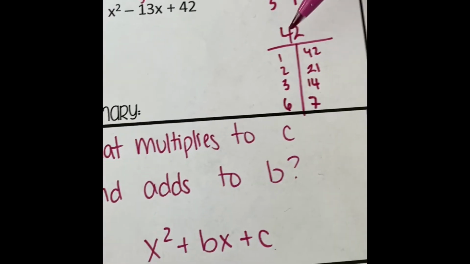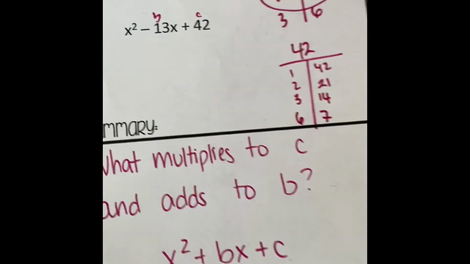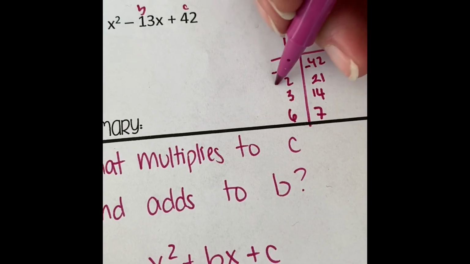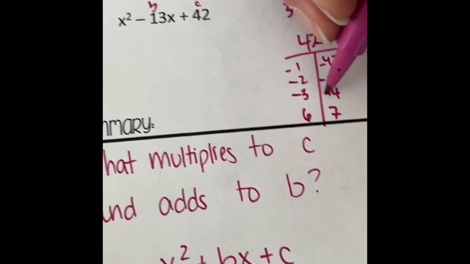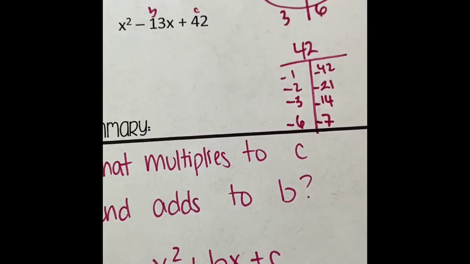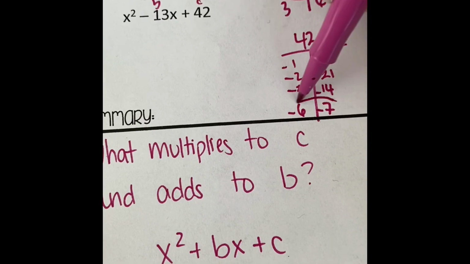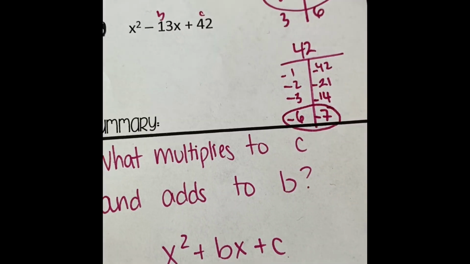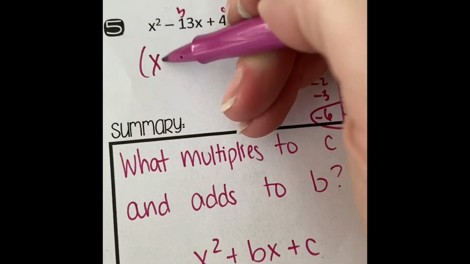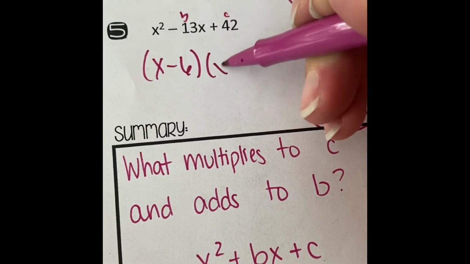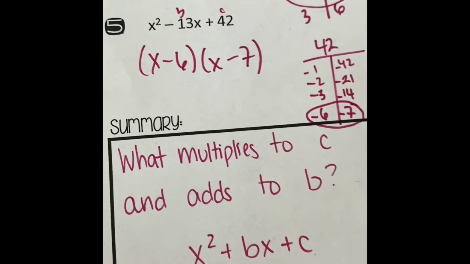In order for them to multiply to a positive but add to a negative, both values need to be negative. Which of these then add to negative 13? Negative 6 and negative 7. So x minus 6 times x minus 7 is my factored form.